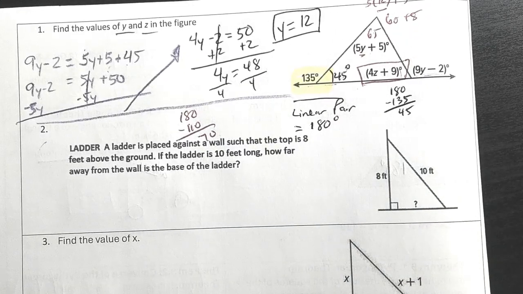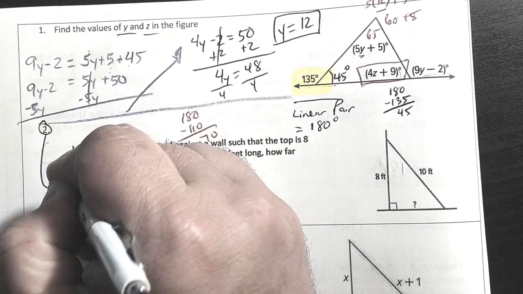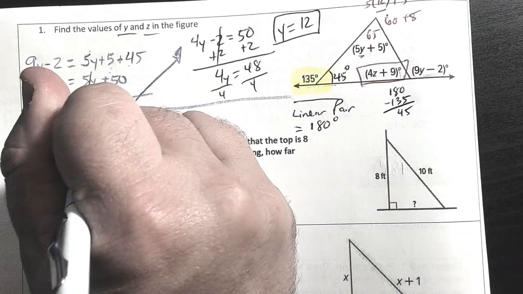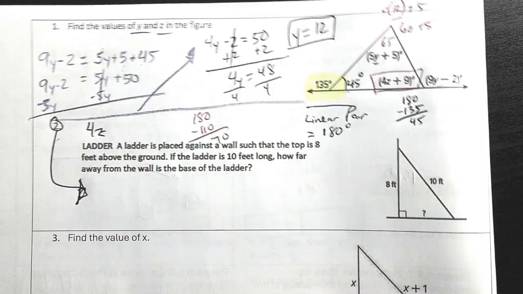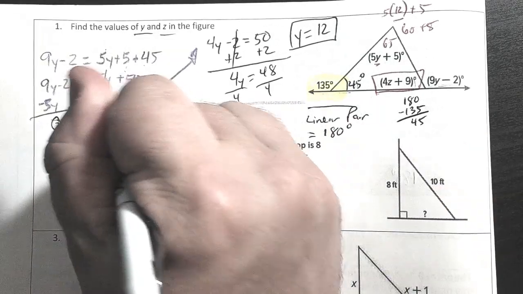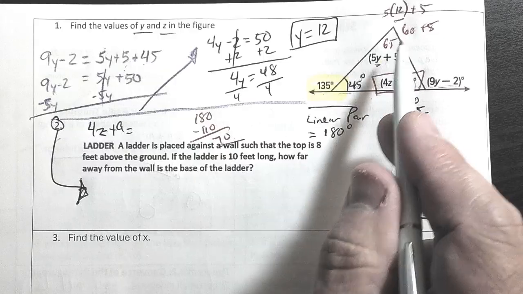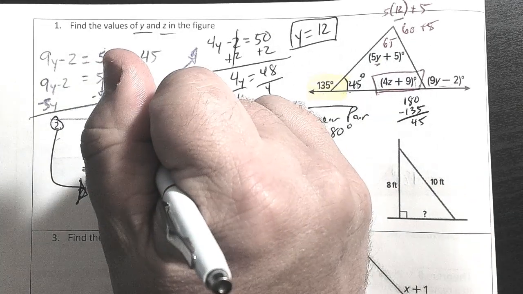So number 2, this is down here. So we're going to go over here. So 4z plus 9 equals 70, because that's how much was left after we subtracted those two.